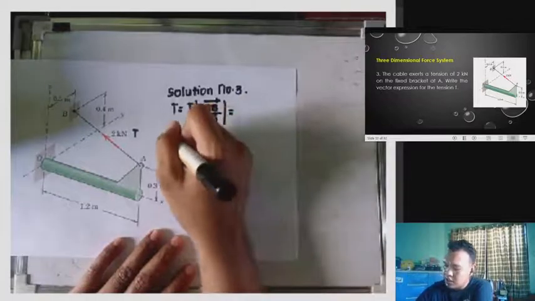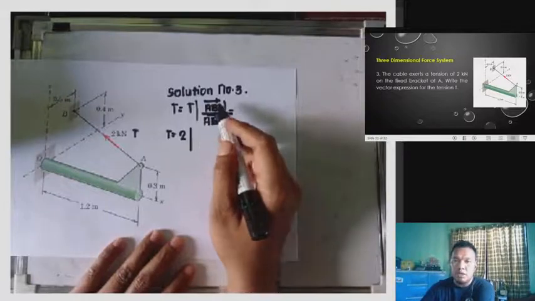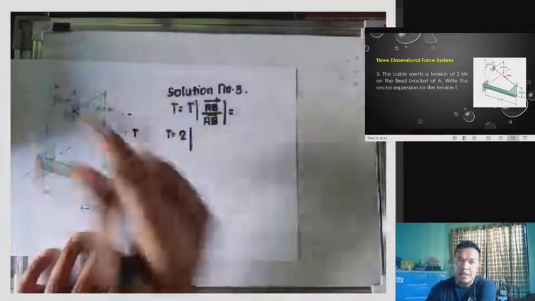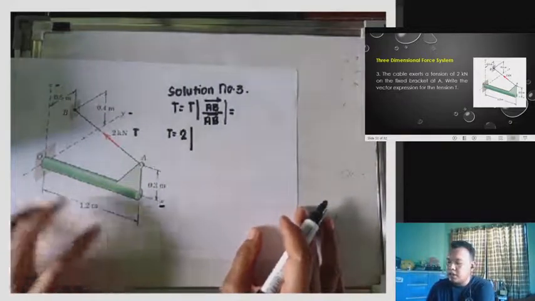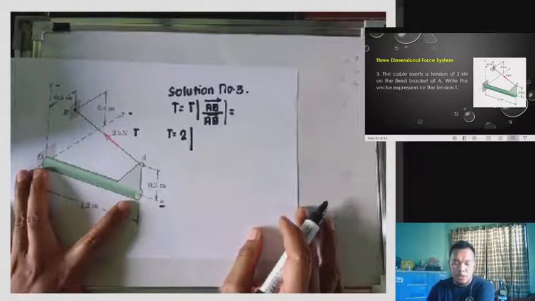Ito ko na lang sulat na. T is equivalent kay 2 kilonewton. Yung segment AB, so ito si x-axis, y-axis, and z-axis. So we have here yung distance from x-axis is equivalent kay 1.2.